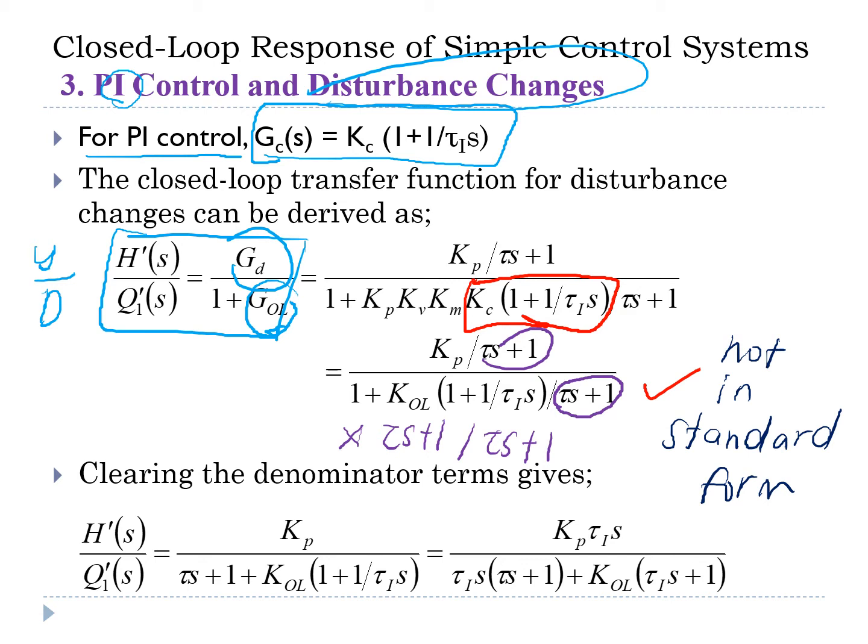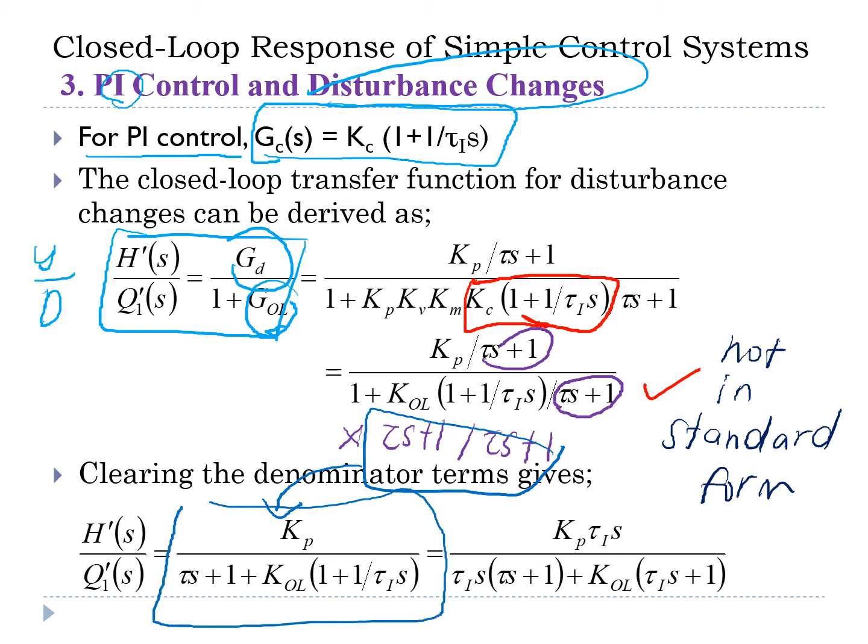When you multiply by this, you get this new equation. But then the equation is not in standard form as well. Now you need to remove this term. So you need to multiply by tau I s over tau I s for both numerator and denominator. Okay, so you will have this equation.